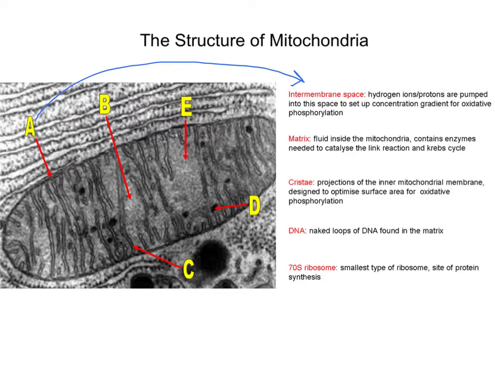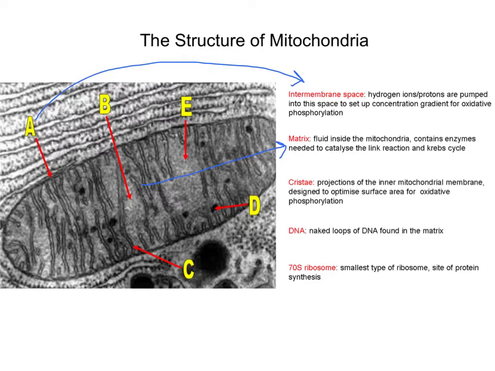B on this picture, B represents what is known as the matrix, which is fluid inside the mitochondria, and it's full of enzymes needed to catalyze the link reaction and Krebs cycle. Now, the link reaction is one in respiration where pyruvate gets converted into something called acetyl-CoA. And this whole process is known as oxidative decarboxylation.